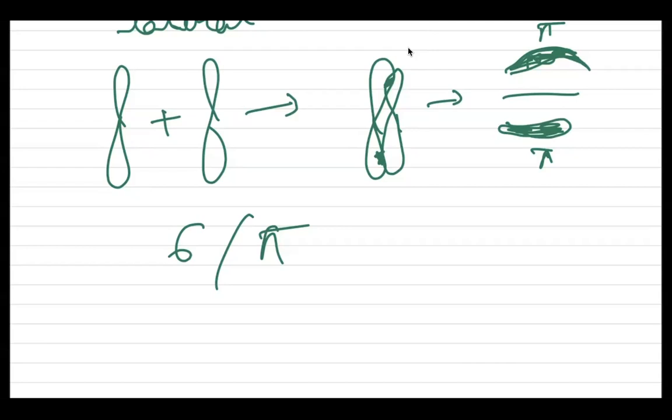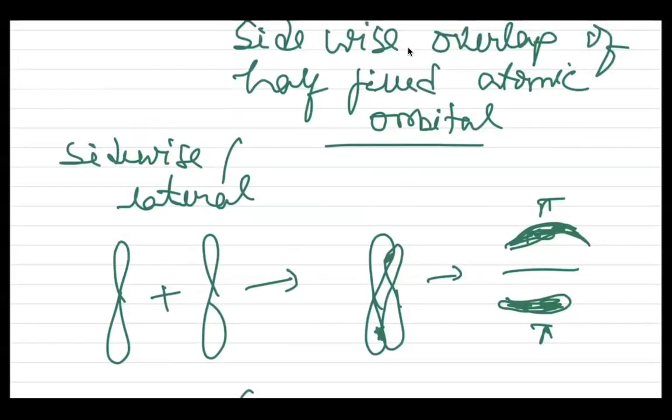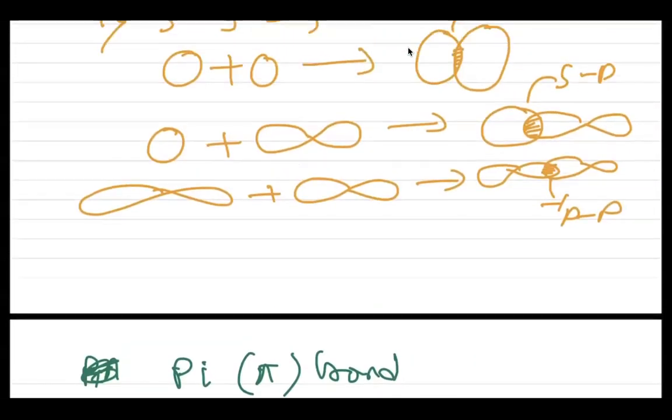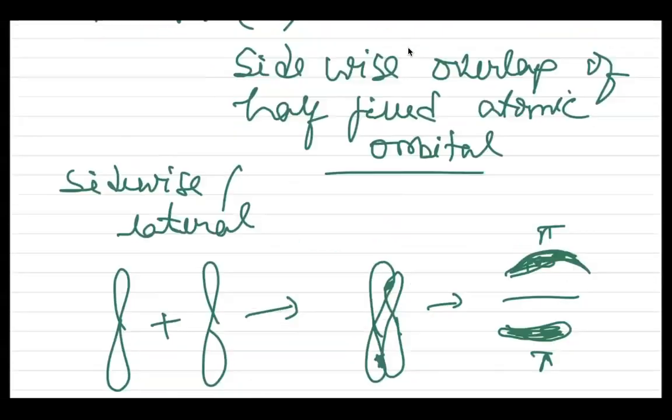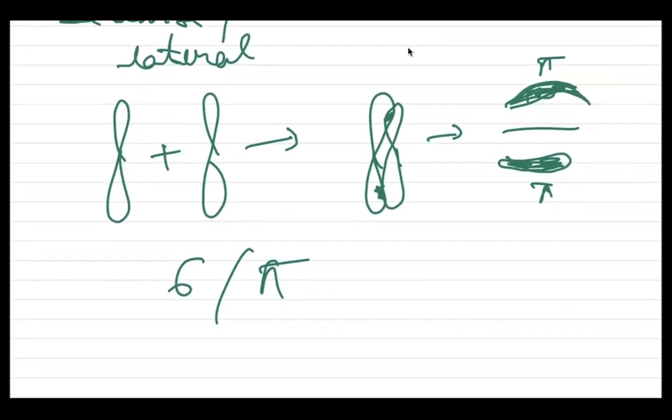During the formation of a sigma bond, overlapping of orbitals takes place to a large extent, whereas in the case of a pi bond, the overlapping takes place to a smaller extent.